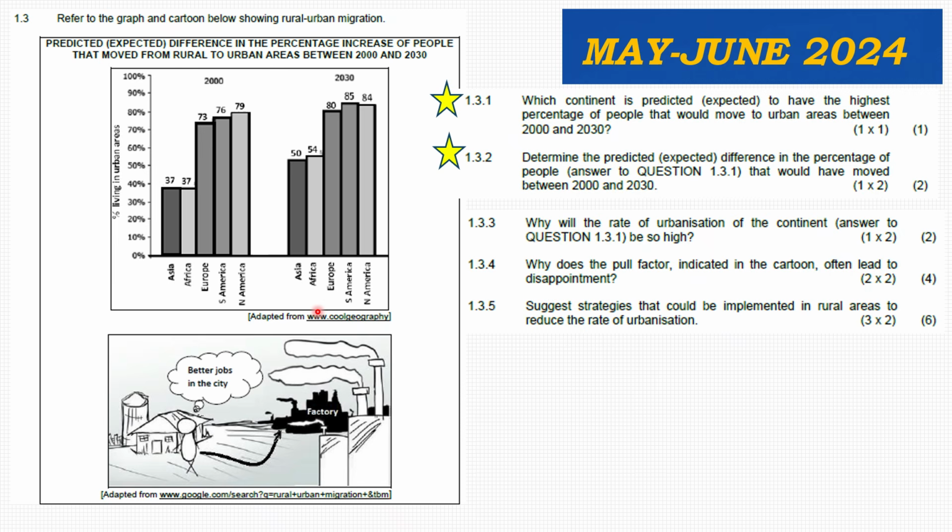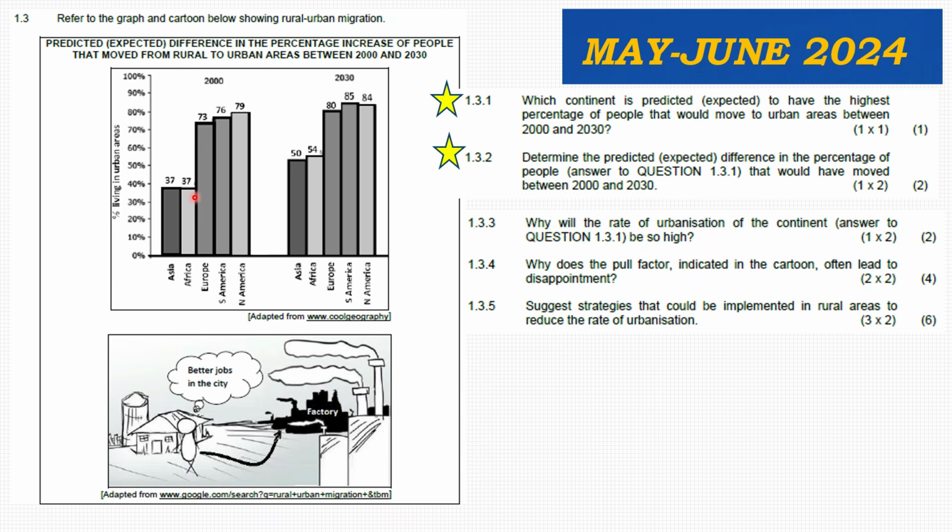If we analyze there, we can see that with Asia in the 2000s, 37% of people were living in urban areas. And then around 2030, it is predicted to have 50% of the people living where? In urban areas.